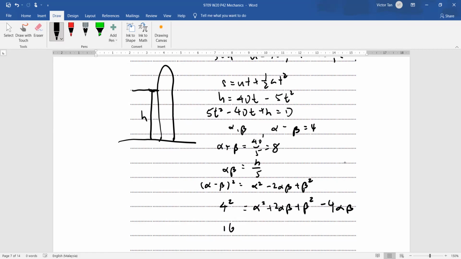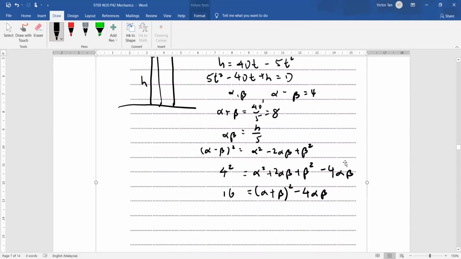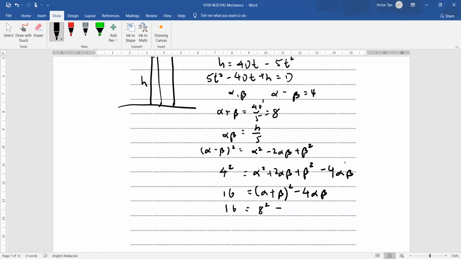So 16 equals 8 squared minus 4H over 5. 4H over 5 equals 48. H equals 60 meters.